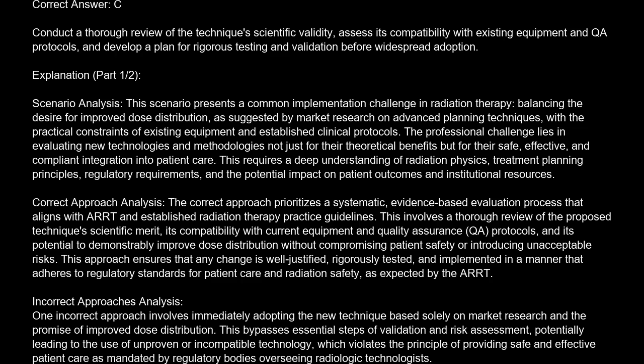This involves a thorough review of the proposed technique's scientific merit, its compatibility with current equipment and quality assurance protocols, and its potential to demonstrably improve dose distribution without compromising patient safety or introducing unacceptable risks. This approach ensures that any change is well justified, rigorously tested, and implemented in a manner that adheres to regulatory standards for patient care and radiation safety.